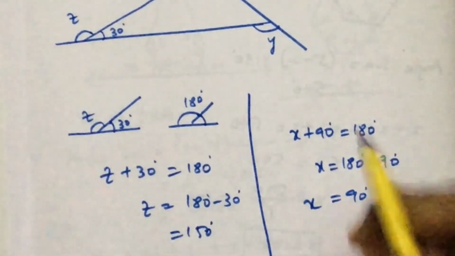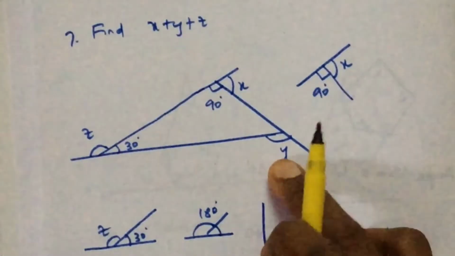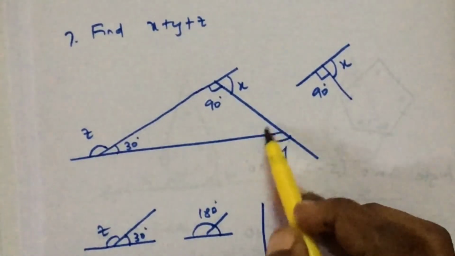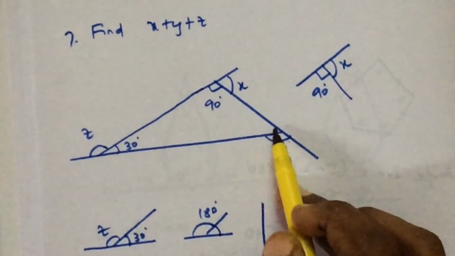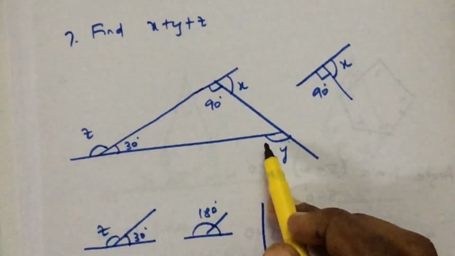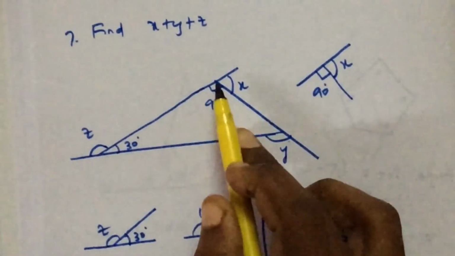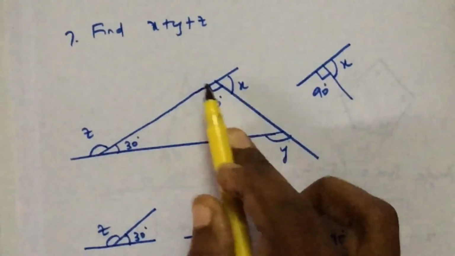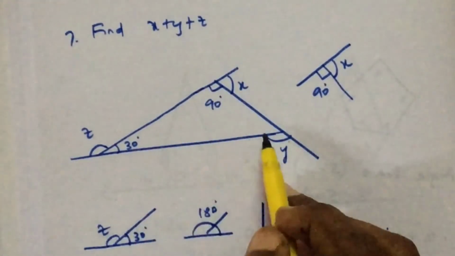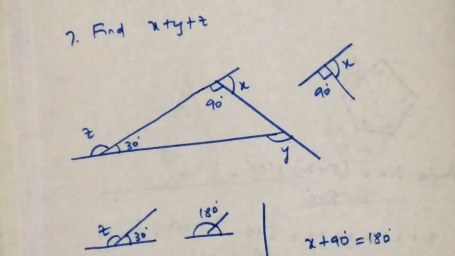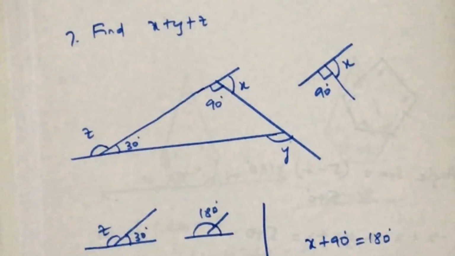The last is Y, which we have to find. Here, for Y, the other end is also not given. But we know that in a triangle, if you add these three angles, it should give 180 degrees.